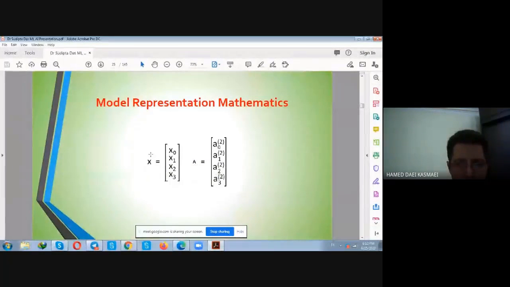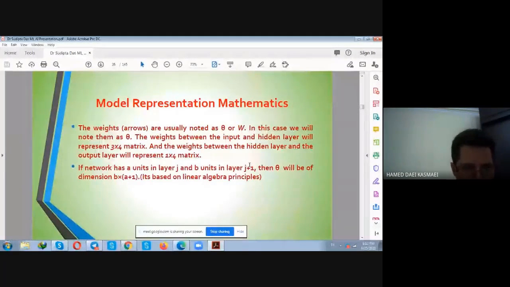X is 4 by 1 in size and A is 4 by 1 in size. The weight arrows are usually noted as theta or W. In this case, we will note them as theta. The weights between the input and the hidden layer represent a 3 by 4 matrix, that is the size of the matrix. And the weights between the hidden layer and the output layer will represent a 1 by 4 matrix.